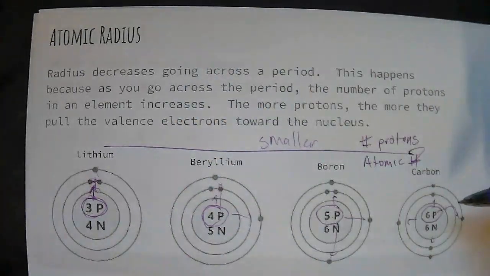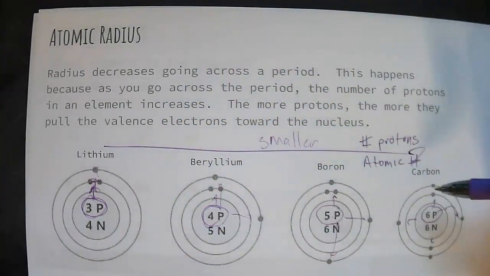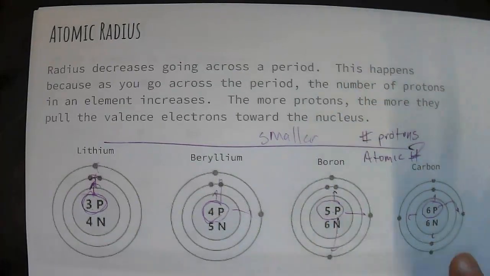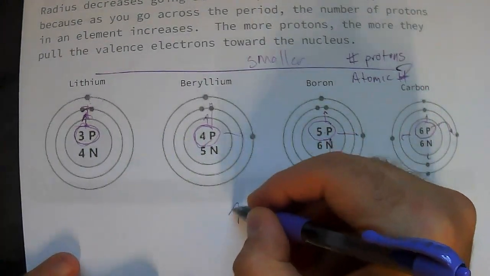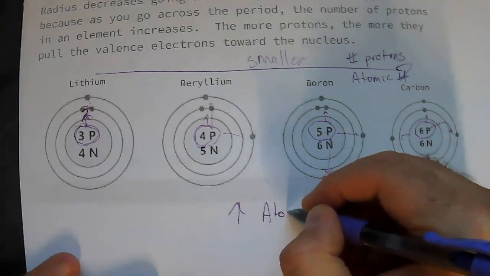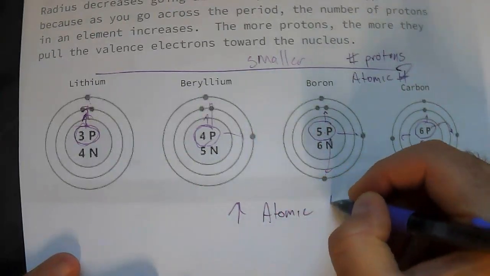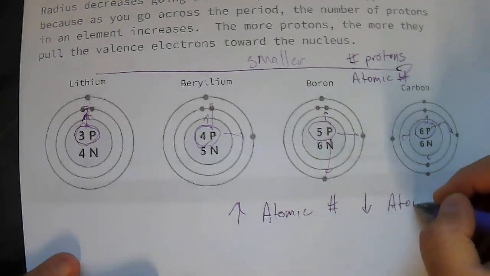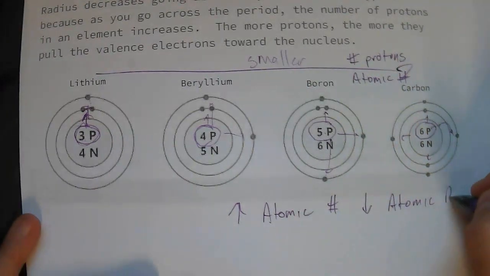So as long as they're in the same period, the bigger the atomic number, the smaller the atom, or the atomic radius. Okay?